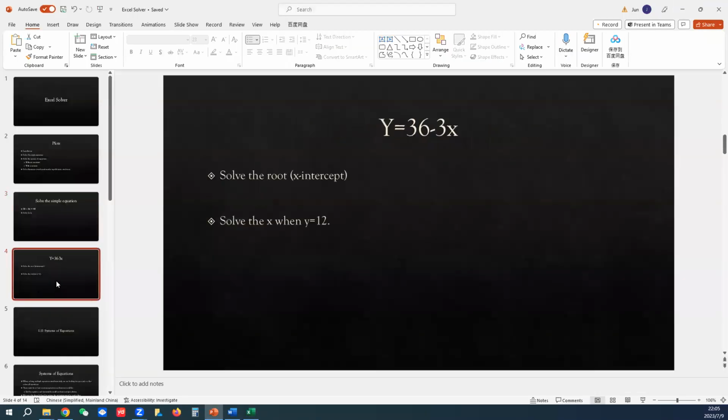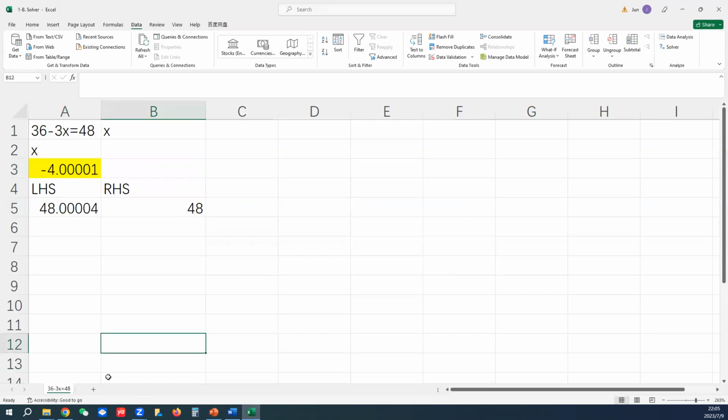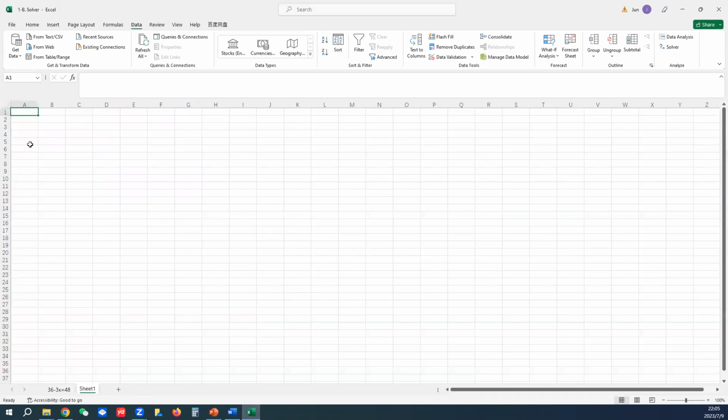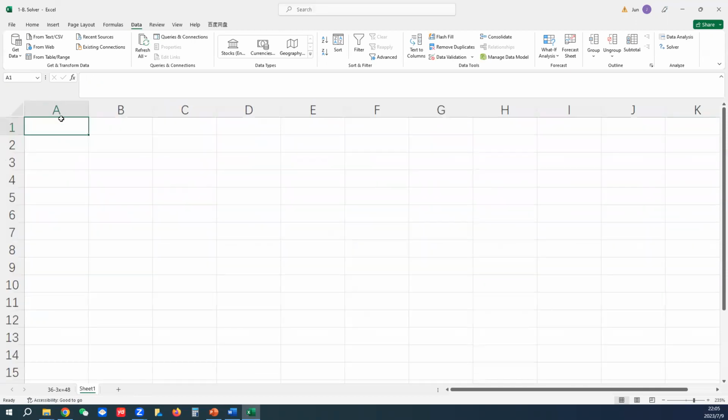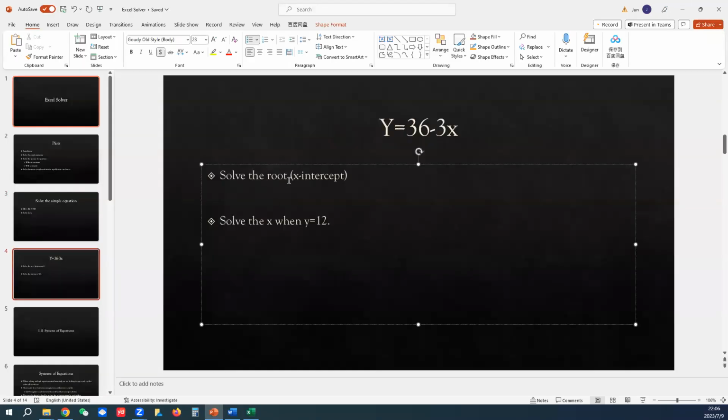Now let's look at the second one, which is a series including two questions. The function is y equals 36 minus 3x. First we are to solve for the root.